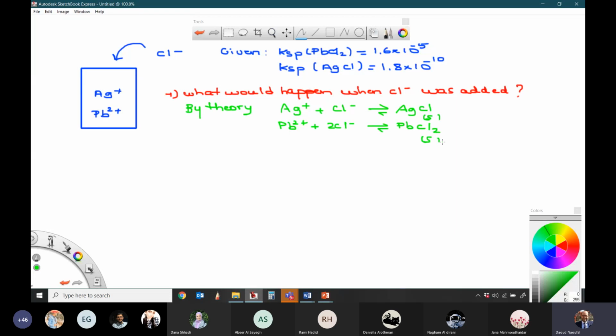So Ag+ and Pb2+ can react with Cl-. Okay. We know that. So by theory, we have formation of two precipitates.